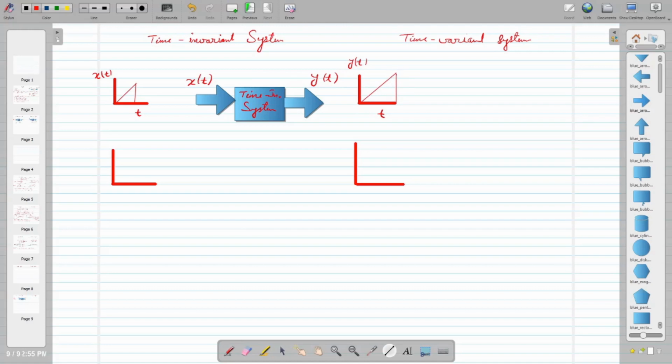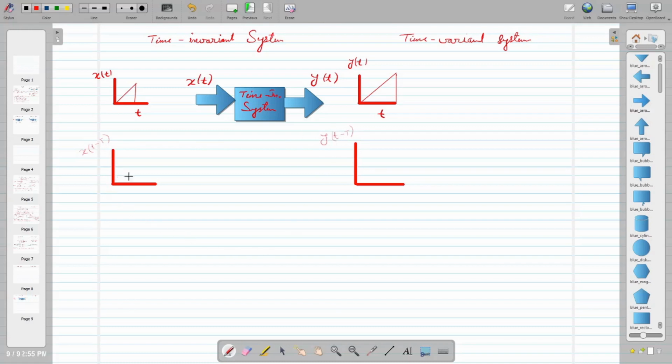In the same way, if there is a delay in the input, there is a certain output with the same delay.